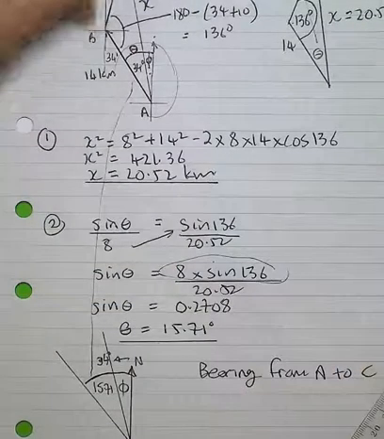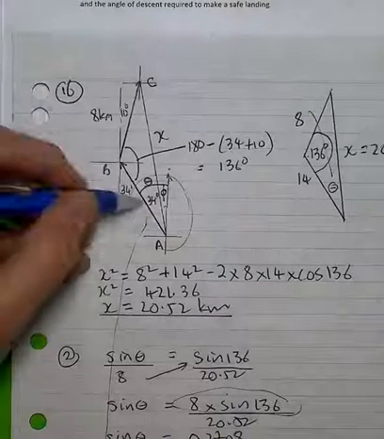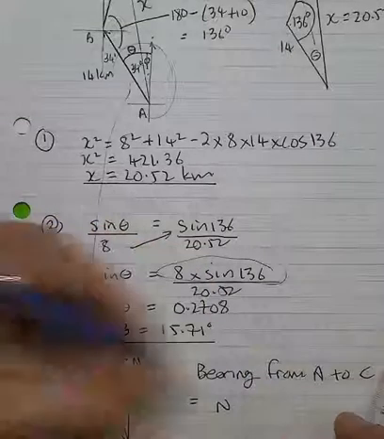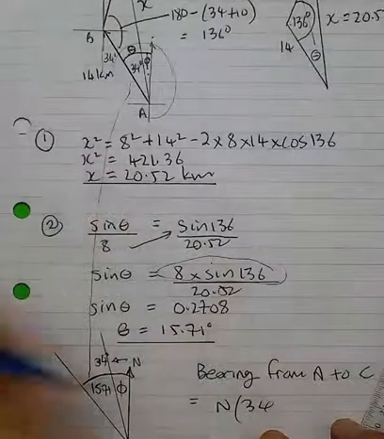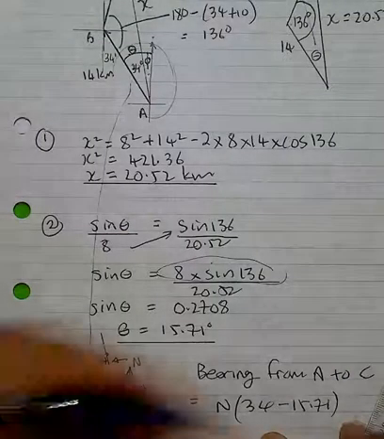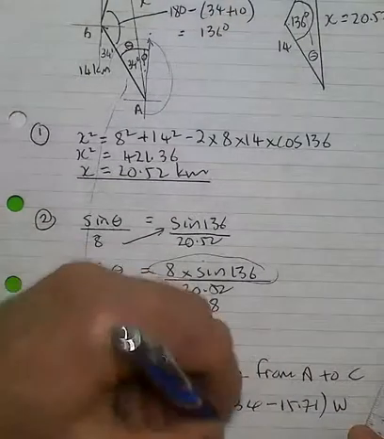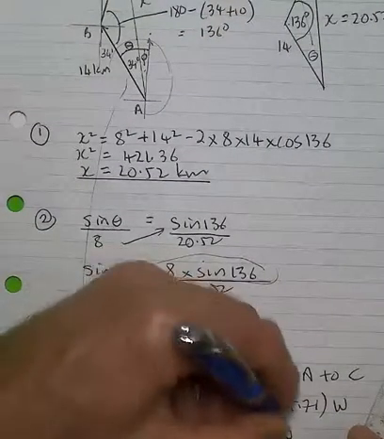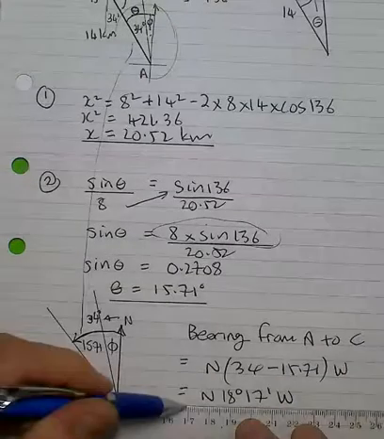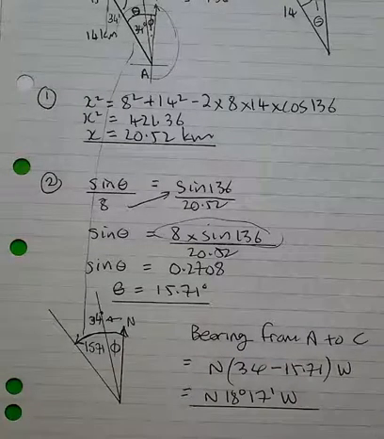So from A to C, 34 less the angle I've just found. So north 34, take the 15.71, back towards the west, 18 degrees, 17 minutes.